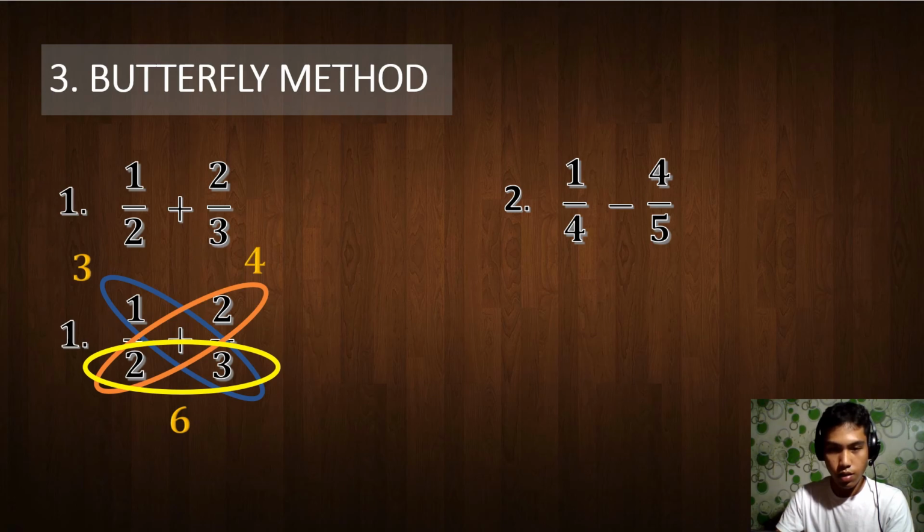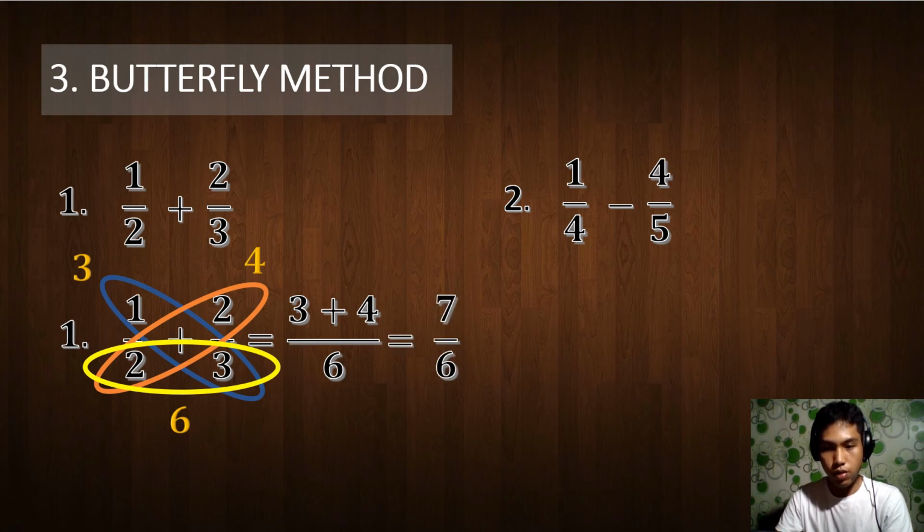So the illustration shows a butterfly figure. That's why it is called the butterfly method. Then just copy 3 plus 4, and copy the denominator. So 3 plus 4, that would be 7 over 6.